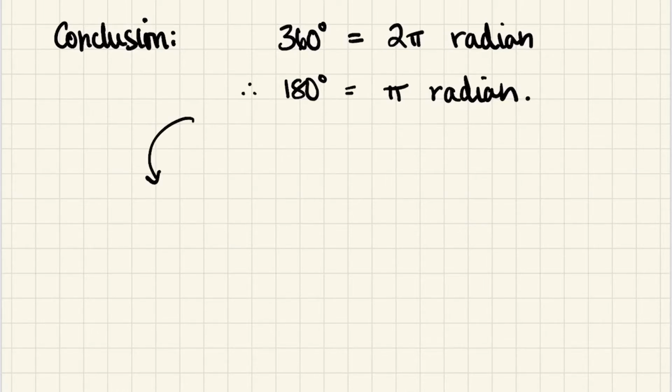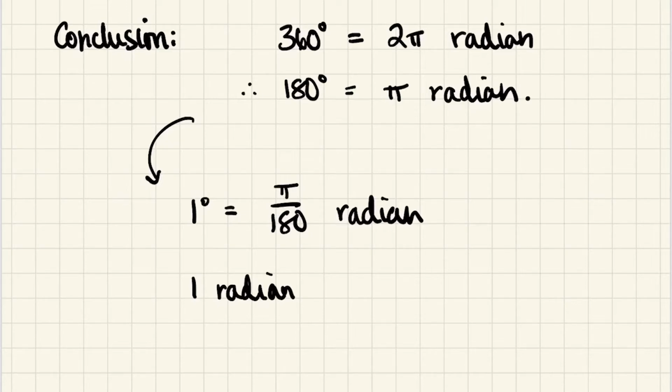We can also write this as 1 degree being pi divided by 180 radians, or 1 radian being 180 degrees divided by pi. So to convert from degrees to radians, we're going to multiply by pi and divide by 180. And to convert from radians to degrees, we're going to multiply by 180 and divide by pi.